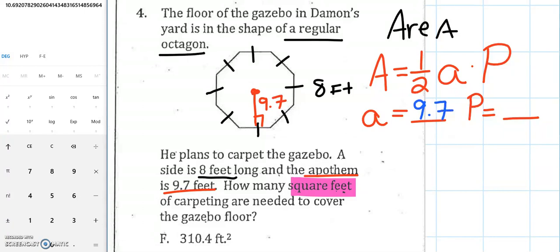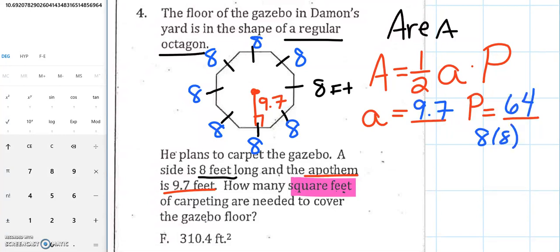And then the perimeter, since I have 8 sides and each side is 8 feet, 8 times 8 is going to give me the length of the perimeter, the outline of the shape. So 8 times 8 is 64. So in my calculator, I'm going to type in 1/2 times 9.7 times 64.